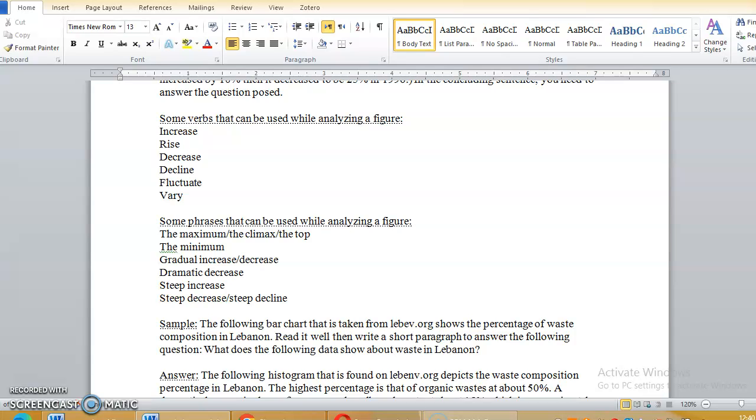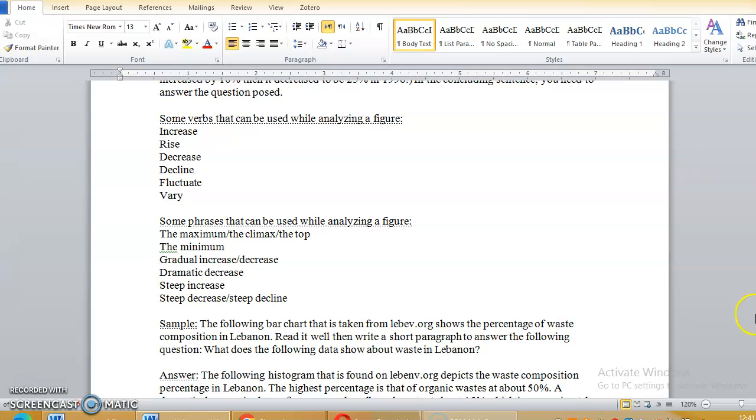For example, it was 8, then it became 10, 12, so there is gradual increase. If there's dramatic decrease, from 100 to 70 or 100 to 50, then it's dramatic decrease. Steep increase or steep decrease is the same idea. For example, it was 20 and then it became 80, so this is steep increase.